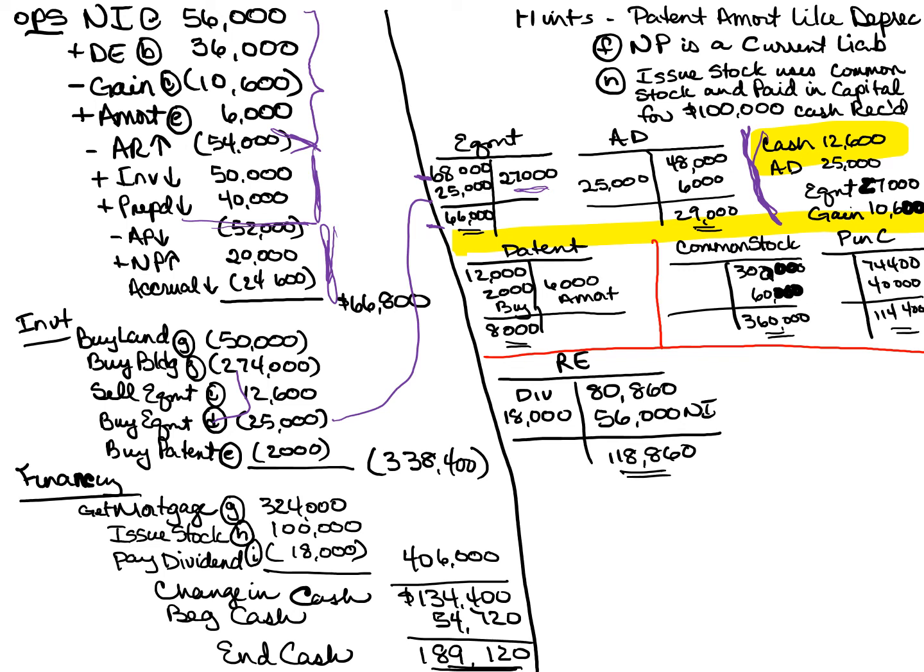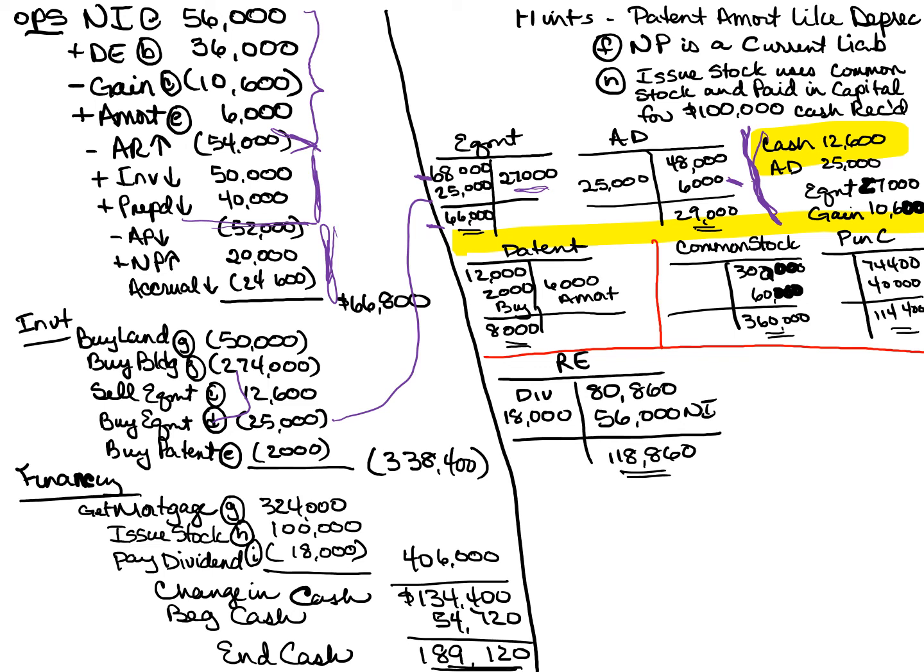Accumulated depreciation started the year at 48 according to the balance sheet, ended the year at 29,000. We know that our debt entry was 6, and that's already in here. Oh, for equipment. And the depreciation on the equipment that we sold was 25.